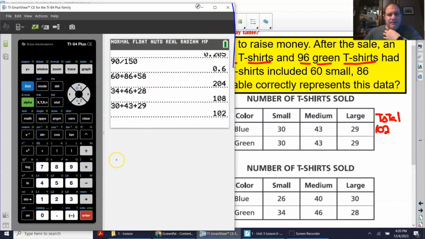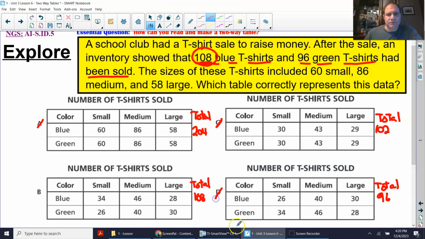Let's talk about D. 26 plus 40 plus 30. Enter. 96 total for the blue on the table D. That's out. It needs to be 108. The only one left is B.